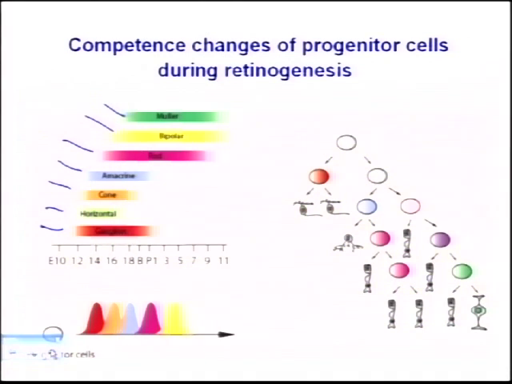The environment of the retina, the external signals, the growth factors, the signaling molecules, are changing over time. As they change, they configure the progenitor cell in different ways. They change the progenitor cell's genetic program such that they express different transcription factors. These transcription factors then go on and produce specific cell types.